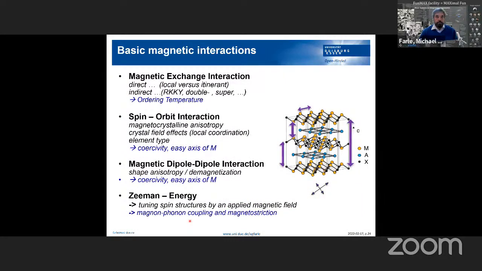Okay, now we turn to magnetism. So since I'm a long time in magnetism, I tend to remind people of basic knowledge. I'm sorry for that, but I take this liberty now. So what are basic magnetic interactions? So we have exchange interaction, we have spin-orbit interaction, we have magnetic dipole interaction, and in an applied magnetic field, we have Zeeman energy.